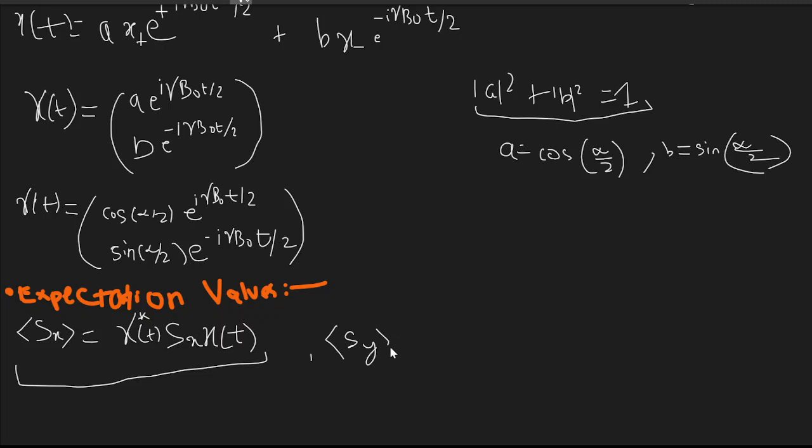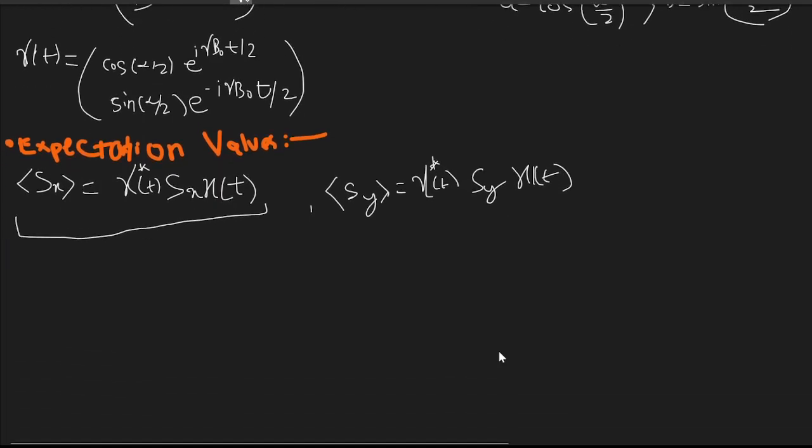So for Sy, the expectation value is the spin state's complex conjugate of time-dependent form, then Sy, and then again the spin state. Here Sx and Sy are the corresponding operators, okay? And the same for the Sz case.